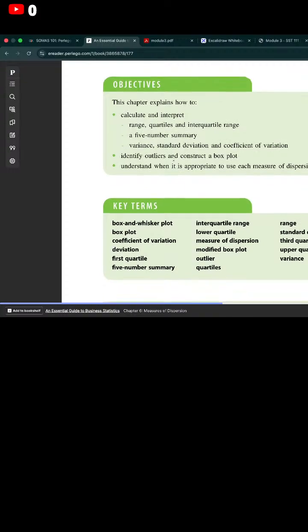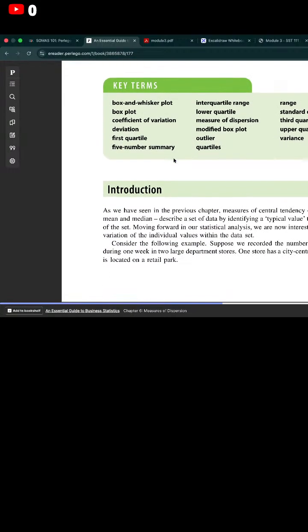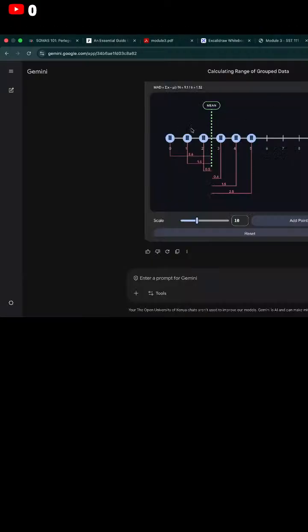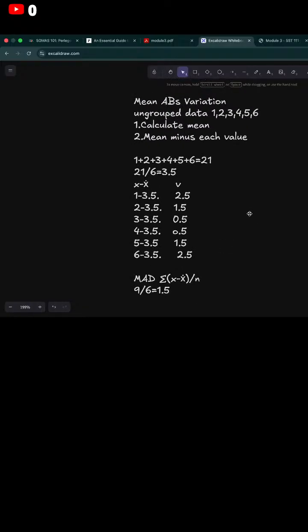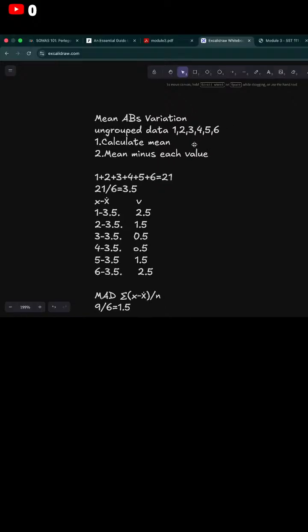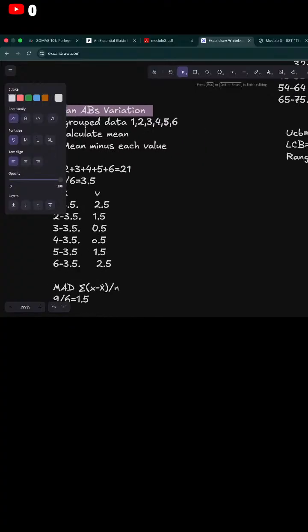It does not have mean absolute deviation, but that is step one. We have understood what mean absolute deviation is and how to calculate it. But now you can be able to do it for grouped data. So we try to do it here.